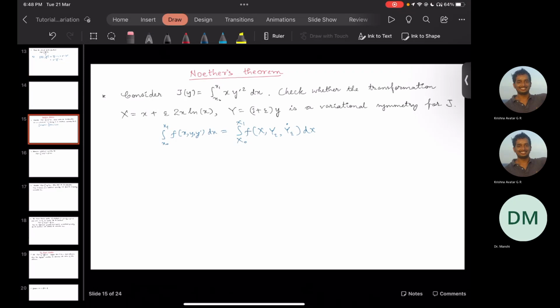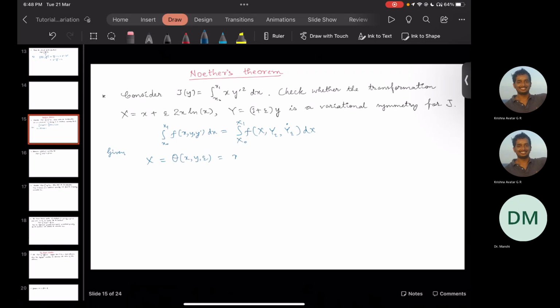Okay, let's see whether, under the given transformation, our functional will remain invariant or not. So what we have here is capital X, which I'll call a function theta of x, y, and epsilon, right?